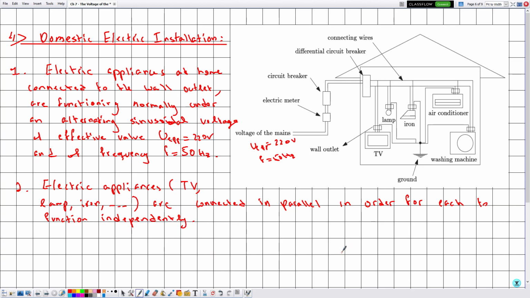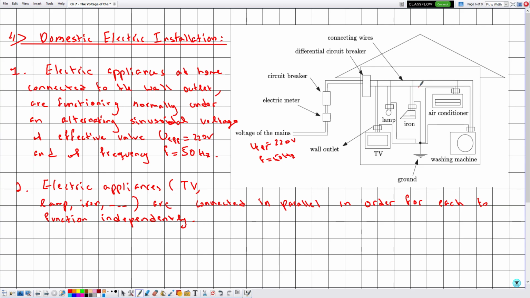So in order for each to function independently, the functioning of each of these electric components is independent of the other, and by this I mean that this house may consist of several rooms, and we know that if we switch off the switch in one of the rooms, the lamp will turn off, but this will not.